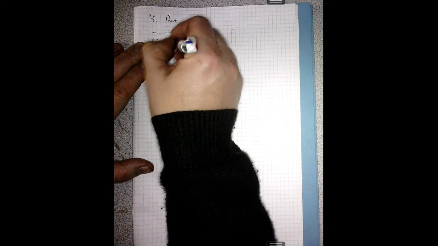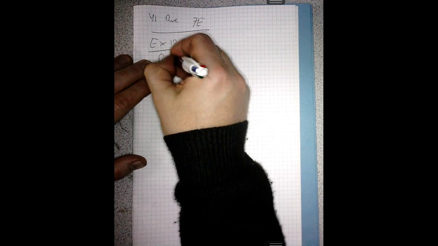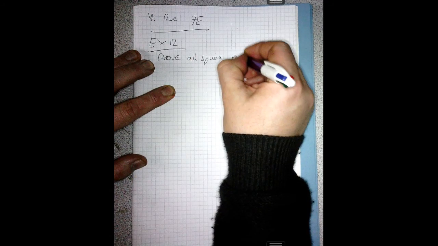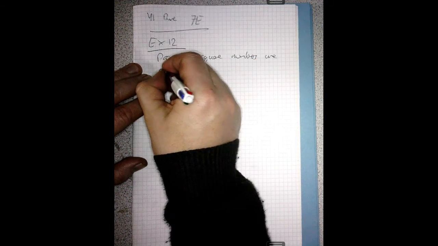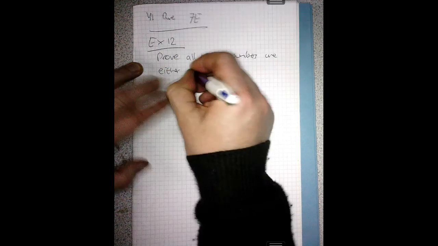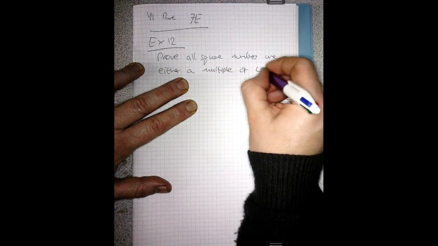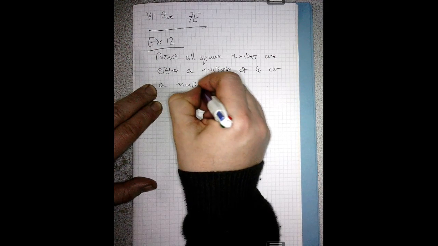In fact, example 12 says this: prove that all square numbers are either a multiple of 4 or a multiple of 4 plus 1.